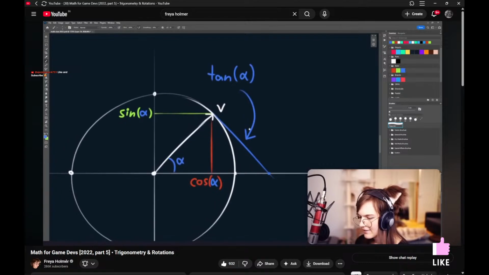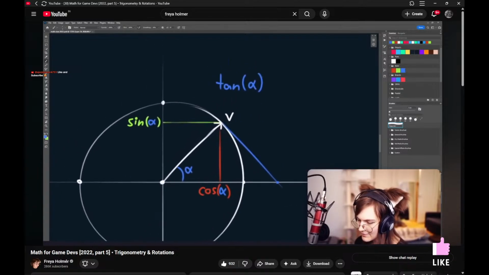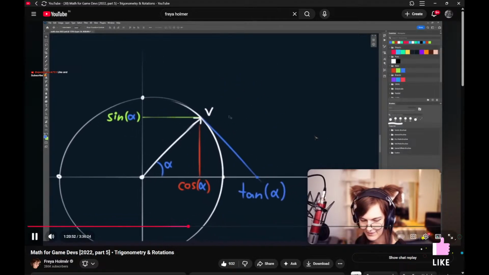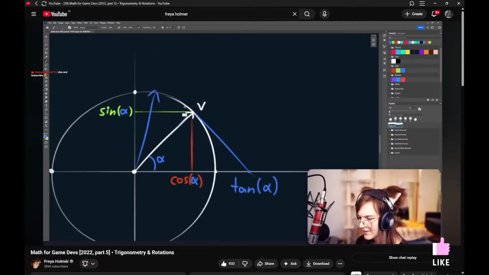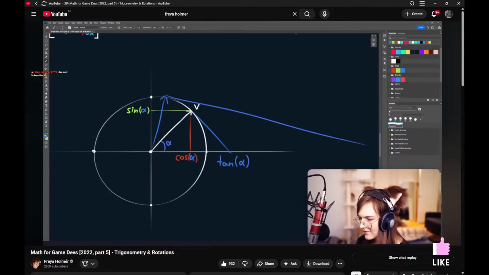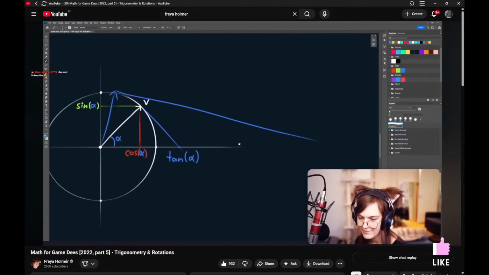And so one thing that is a little bit weird about the tangent is that if you move the vector far up here, if you rotate it all the way here, then the tangent becomes very long.